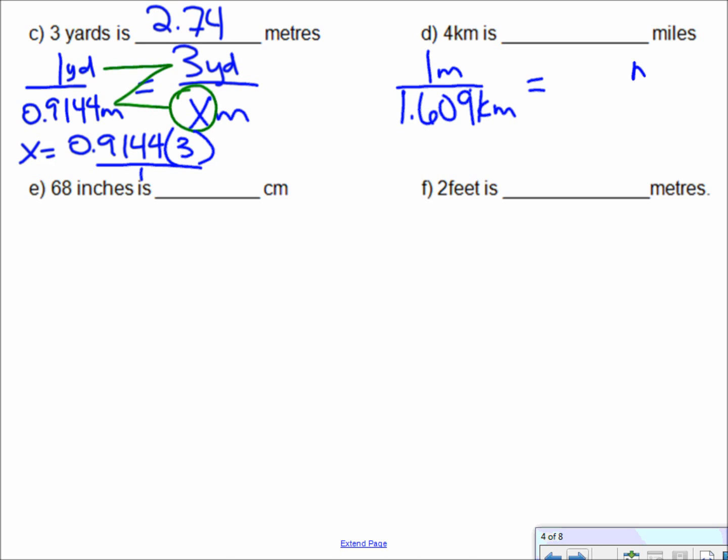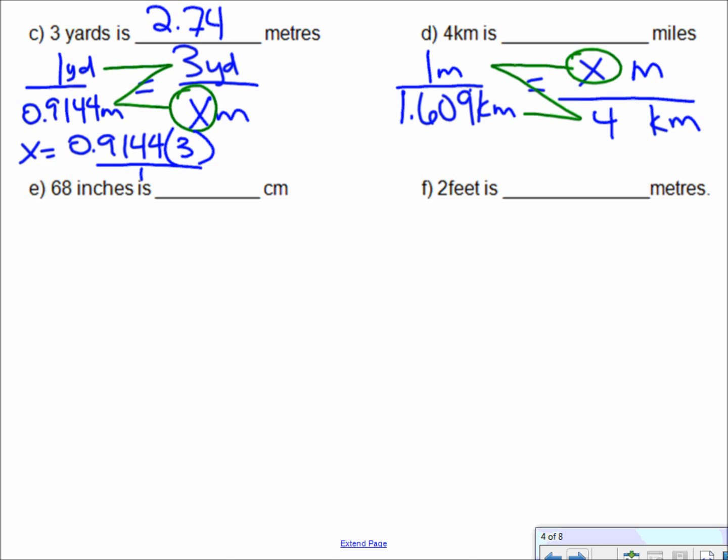Okay, again, because I had miles on top and kilometers on the bottom, I stick with the same form I used. I have 4 kilometers in this case, and I don't have any miles. So my X is on the top this time. It absolutely does not matter because I circle my X, and I draw my Z starting from that X.